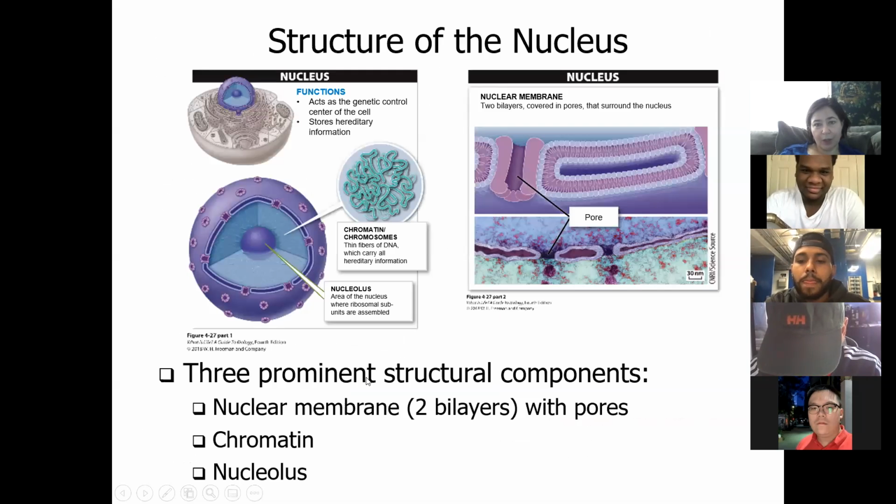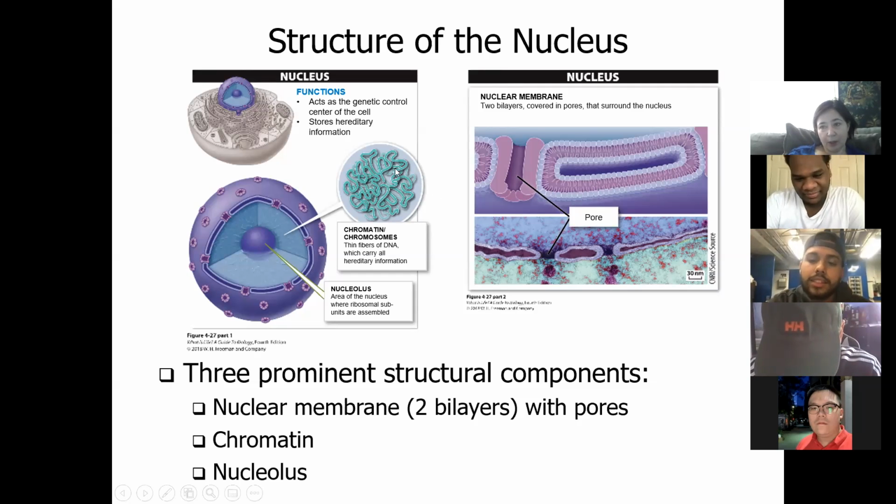It stores genetic material, the DNA molecule, which carries genes. DNA can look slightly different when the cell is dividing or not dividing. When the cell is not dividing, it looks like a bowl of spaghetti. Chromatin, right? Chromatin is basically DNA packed tightly inside the nucleus.